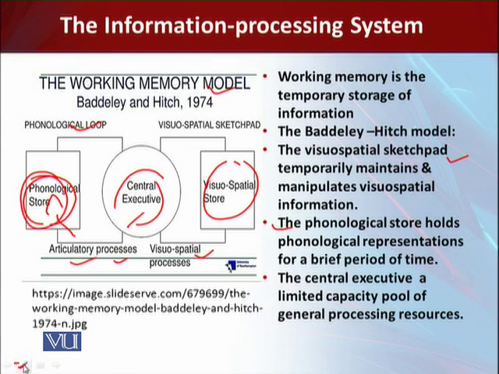Coming to the central executive, it's a limited capacity pool of general processing resource. The central executive was initially conceived as a limited capacity pool of general processing. That is based on the assumption that we are limited in terms of the number of things we can do at once.